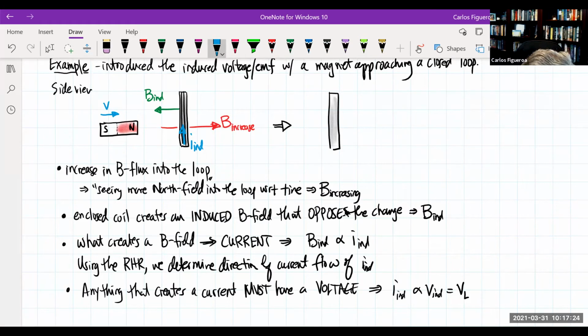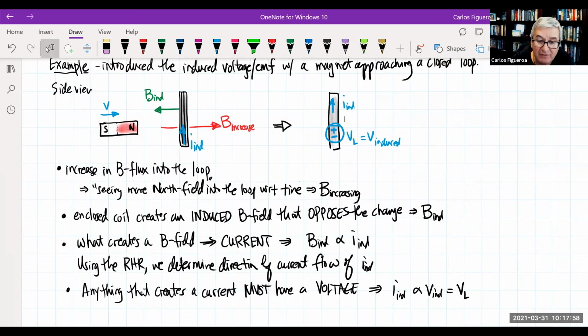That current has a power supply, positive and negative, and it's this induced voltage that then produces this induced current. And that's what we mean by this induced voltage.